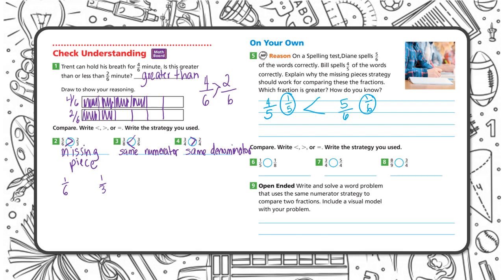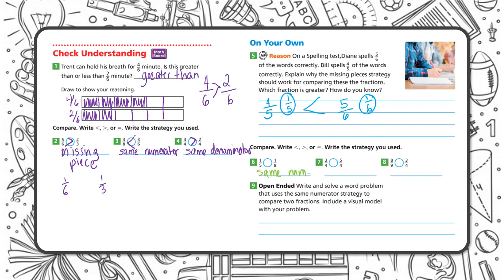Compare. Write less than, greater than, or equal to. Write the strategy you used. So again, 1/5 or 1/8. It has the same numerator. Okay, and I know that if I'm comparing my denominators, 5 equal parts, the parts are going to be bigger than if I broke something up into 8 equal parts.